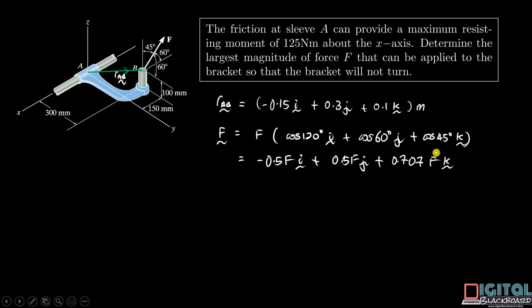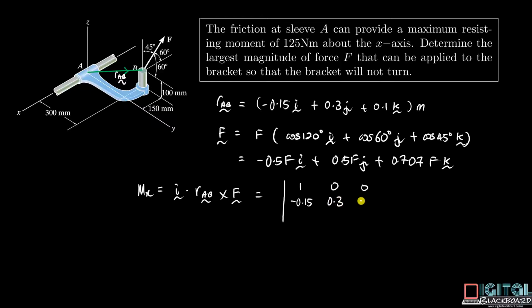The formula to compute the moment about the x-axis is still Mx equals i dot RAB cross F, which is given by 1, 0, 0, minus 0.15, 0.3, 0.1, that's taken from the RAB vector, and then in the last row, minus 0.5F, 0.5F, 0.707F.